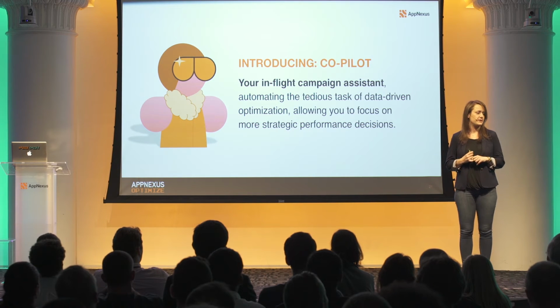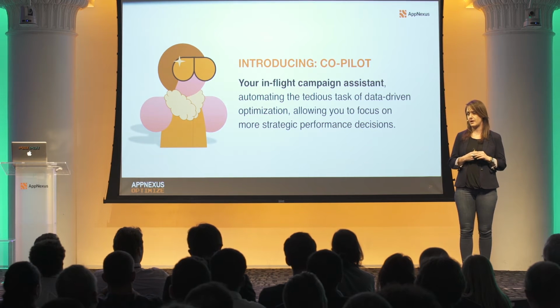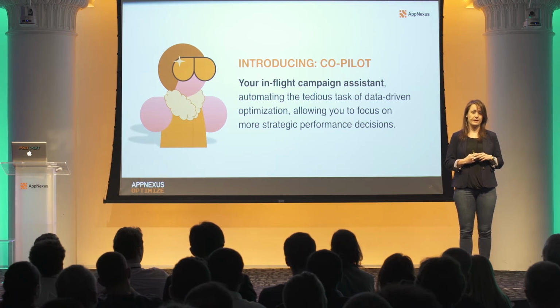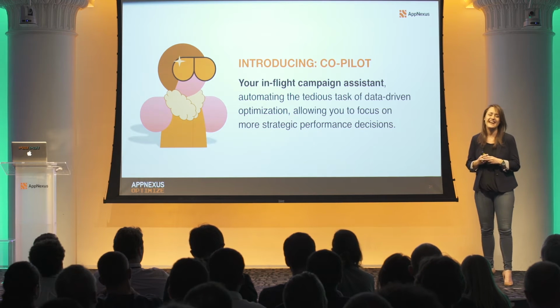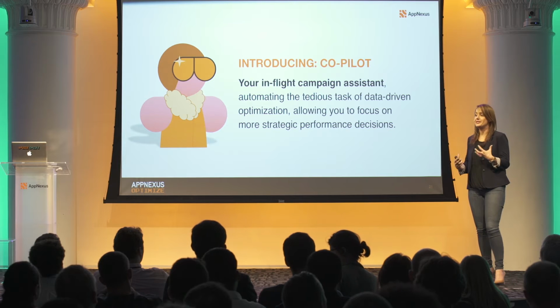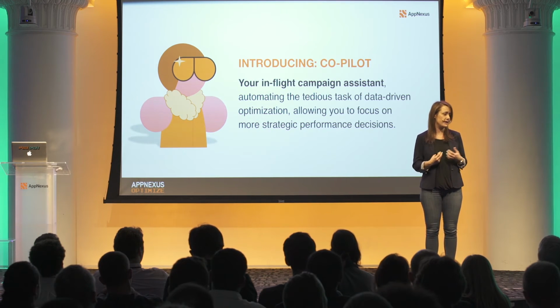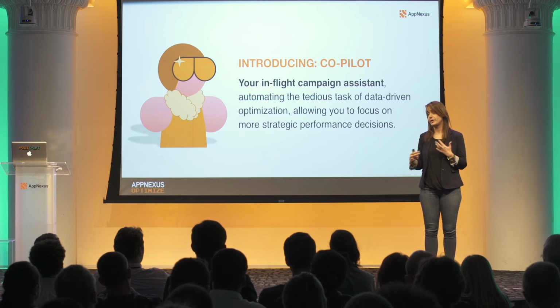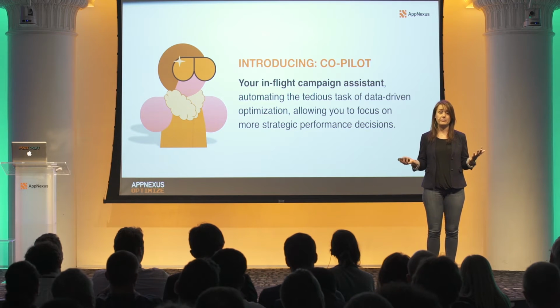I've been in ad tech for several years, and I have so much respect for people that run and optimize campaigns manually. Their day jobs are not glamorous, and they're usually kind of numbers geniuses. They do a lot of work downloading spreadsheets, crunching through data, making decisions, and working in the console to optimize campaigns. Our goal with Copilot is not to replace these people.